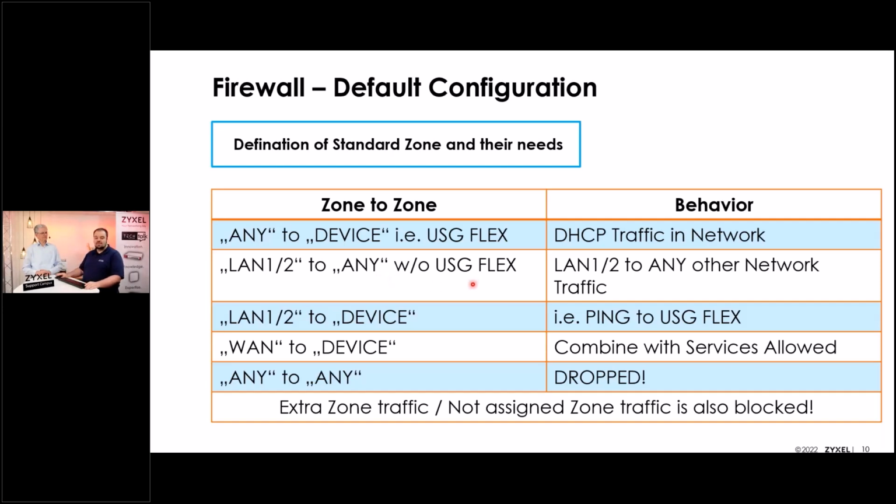Because if you delete everything first and start from scratch configuring a firewall, then you may lose exactly these important things. And you are wondering why you cannot reach your server, because maybe the gateway is not responding and some default rule is missing. Or you have built a VPN connection successfully, but there's no traffic going through the VPN.